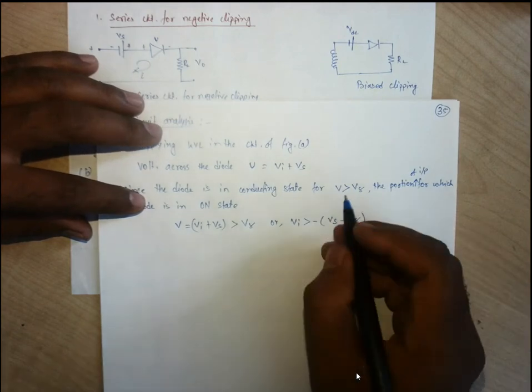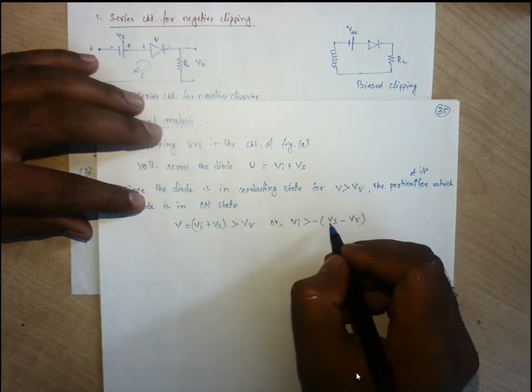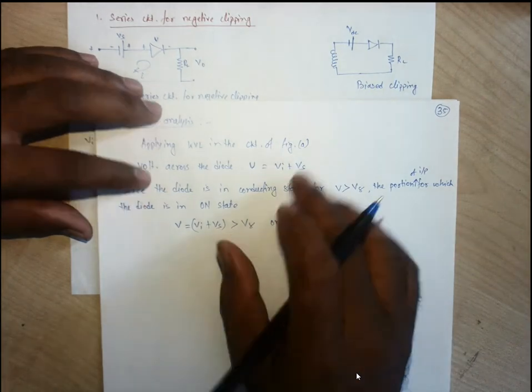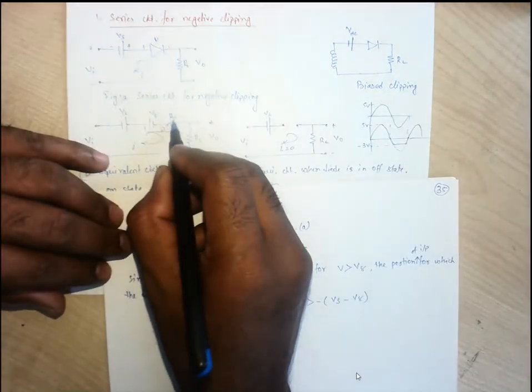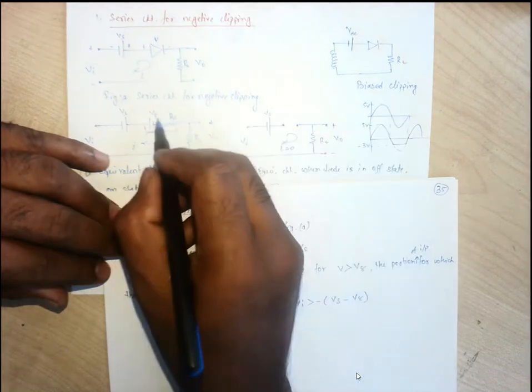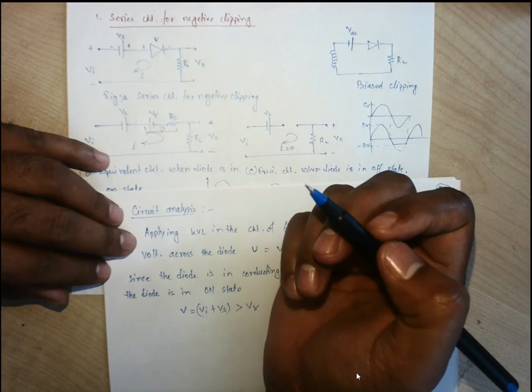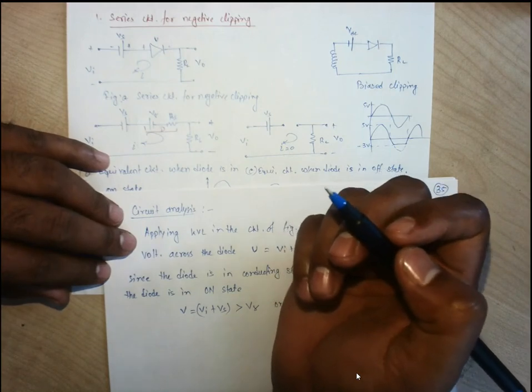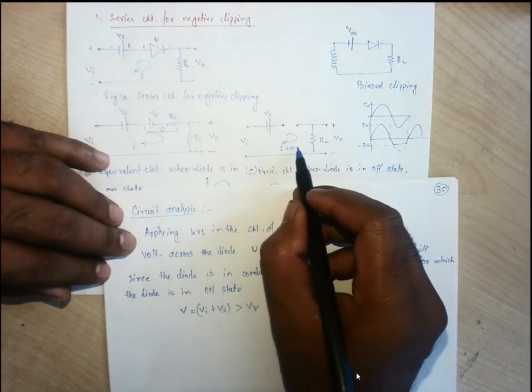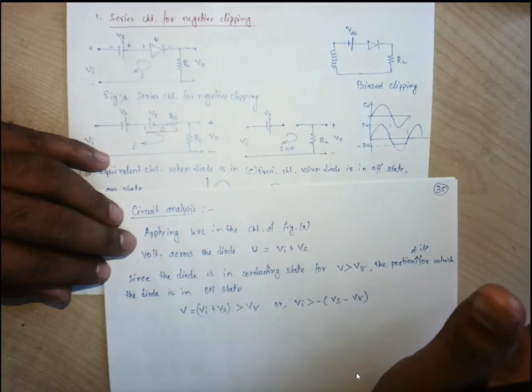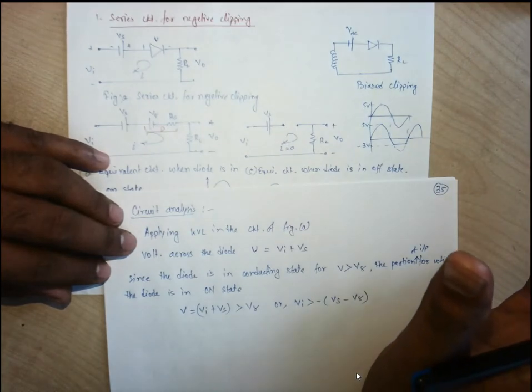Okay. Obviously, if the diode is in the on state, then it can be represented by the series combination of the forward resistance Rf and V gamma. The off state can be represented by an open circuit condition, so there will be no current flow. It is simply off, right?